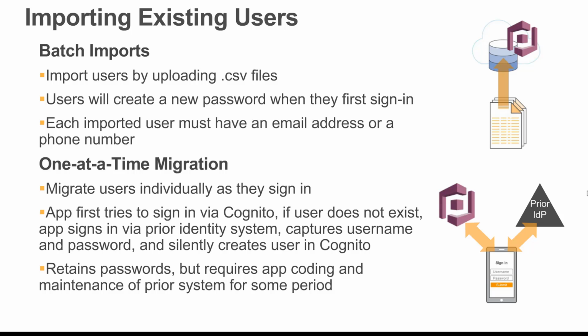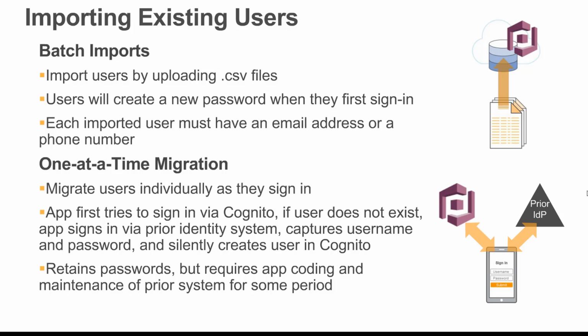Now, the other option at the bottom half of the slide is what we call a one-at-a-time migration. This allows users to be migrated to a user pool just in time as they come back and sign in. It's got the advantage of keeping passwords intact, so it's more transparent to users, but it requires a bit more coding from you, the app developer, and requires that you maintain your prior identity system for some period of time.